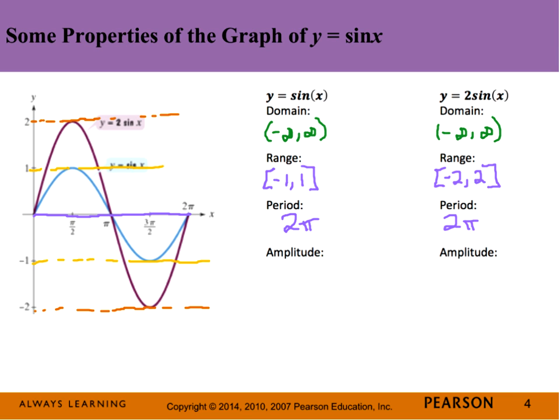And the amplitude, we'll find out in a moment how to calculate the amplitude, but we can count it here from this picture. So once again, it's that distance from the x-axis to the maximum and the minimum. They're the same. So the amplitude for 2 sine of x is 2. The amplitude for sine of x is 1.